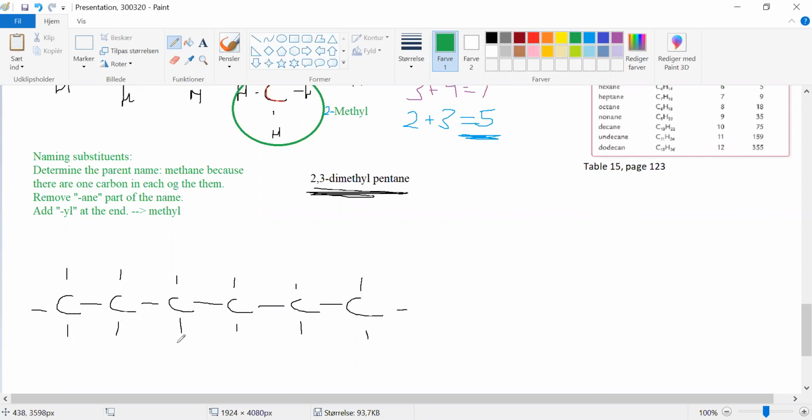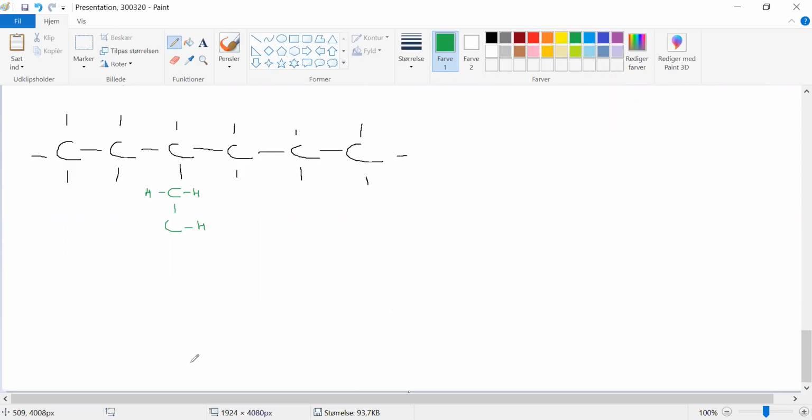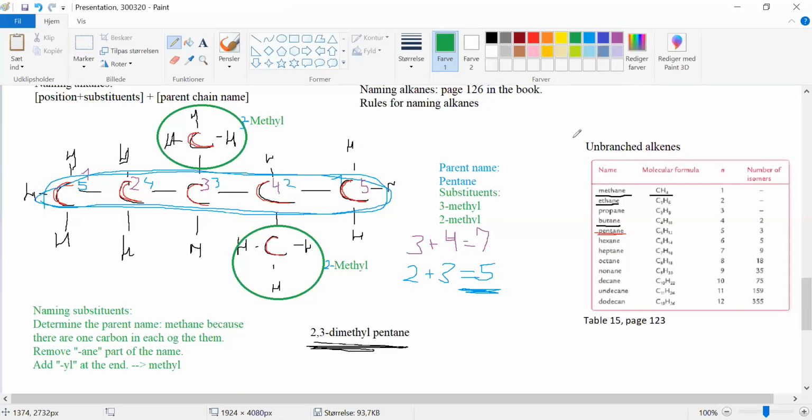And if we look at this structure here, and I'm going to need this one again.